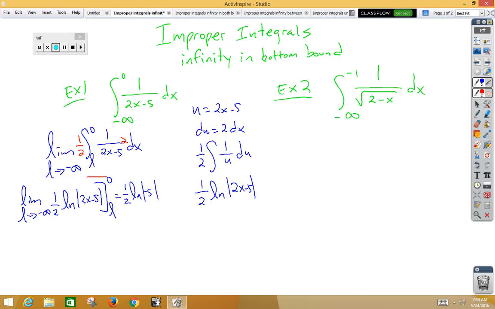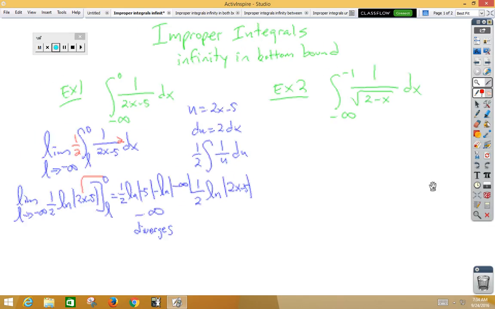Notice when I plug in the 0 here, I get a negative 5, minus the natural log absolute value of, this time, negative infinity. Well, I don't care what the front is, because if we notice the back, when we subtract the natural log of infinity, we get negative infinity, so this diverges. They won't always diverge, but several of them do.